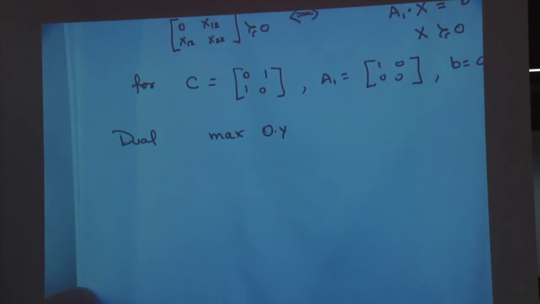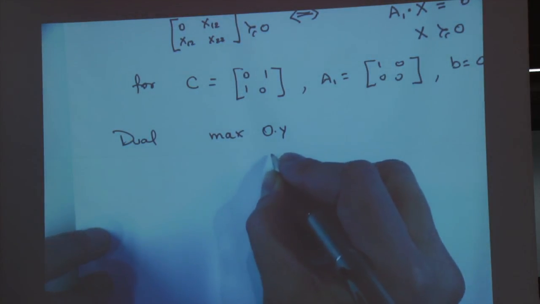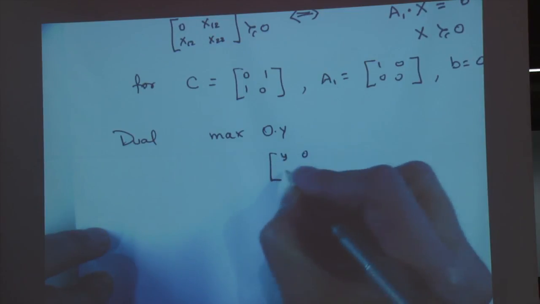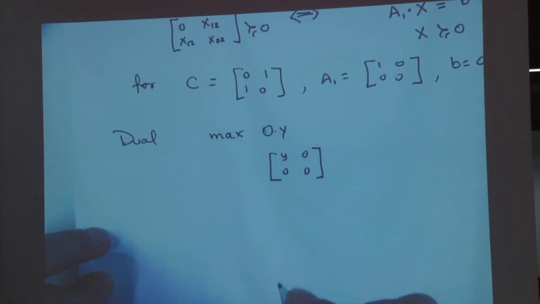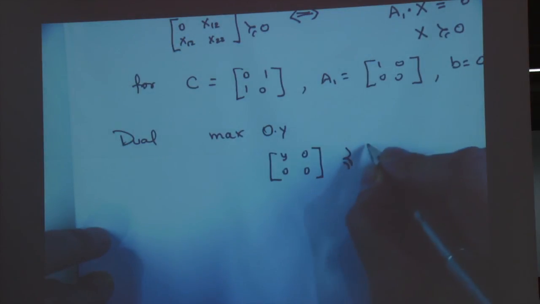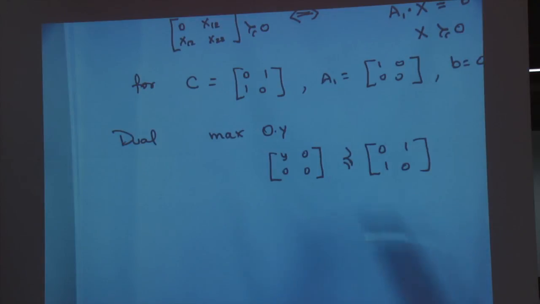The constraints are that A star Y plus S should be equal to C. So we get Y, 0, 0, 0, less than or equal in this order to 0, 1, 1, 0. I just wrote it without the slack variables to write it more simply.